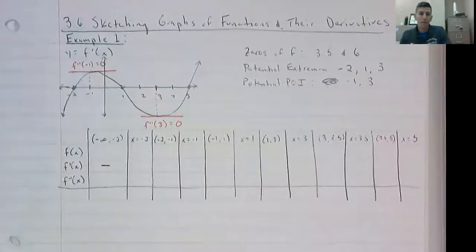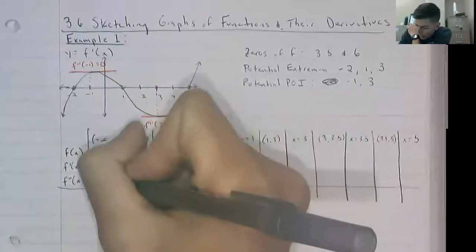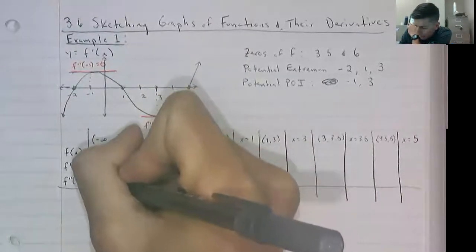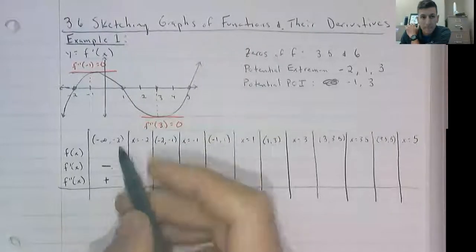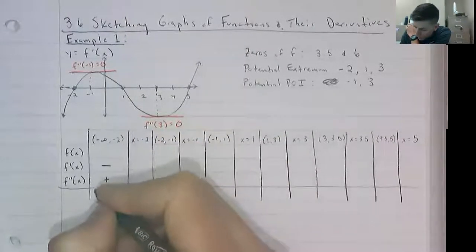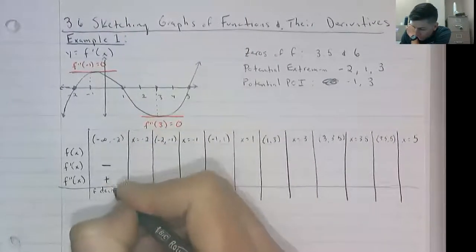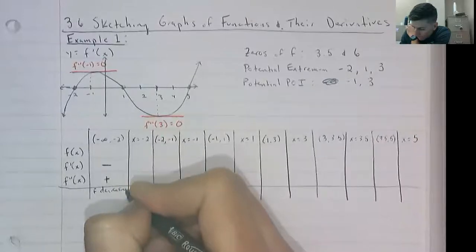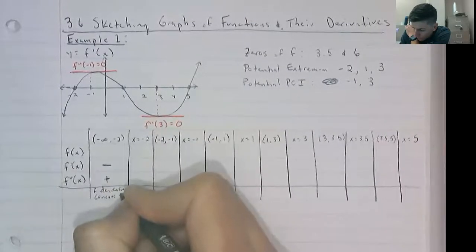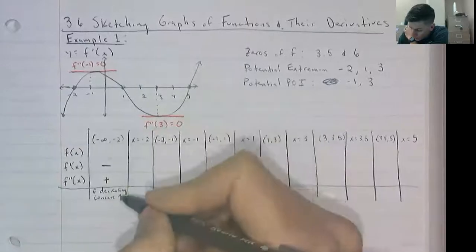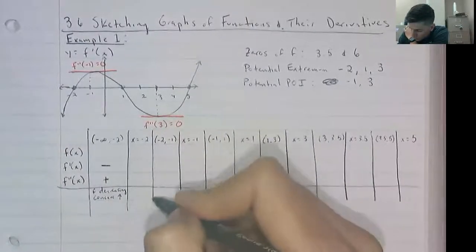So we are positive, which means f is decreasing and concave up. Cool. Maybe we should make this 2.